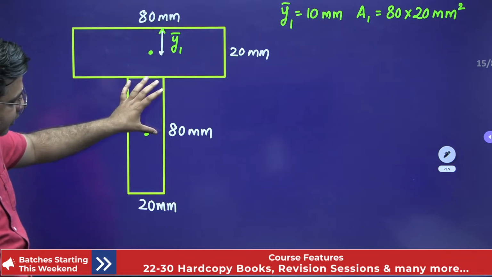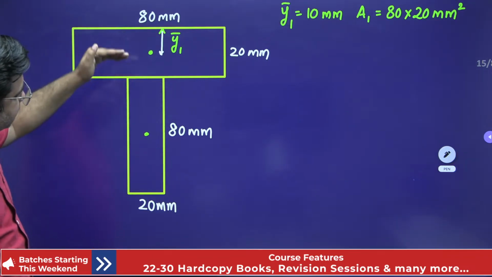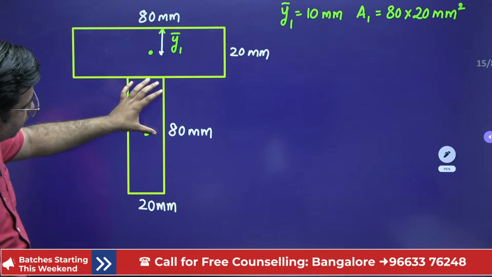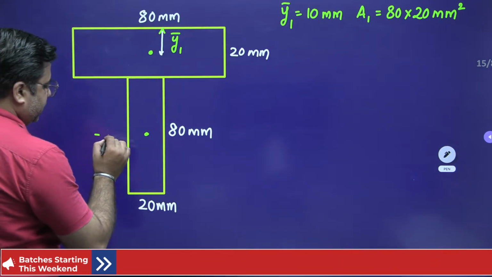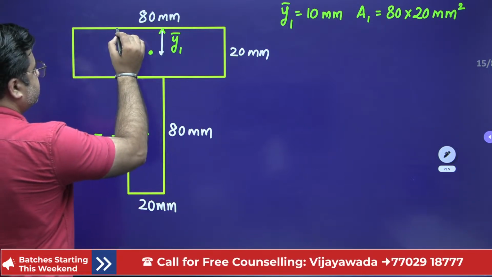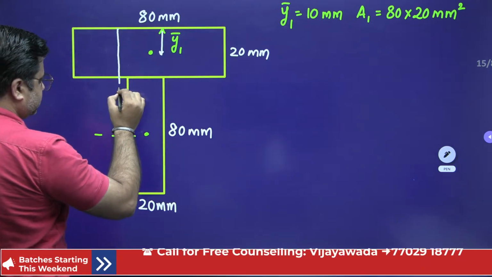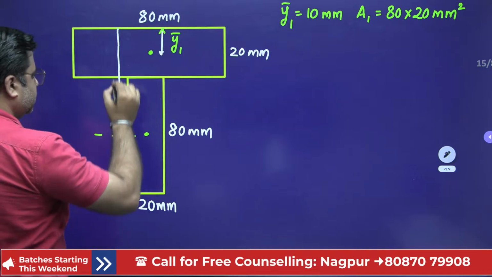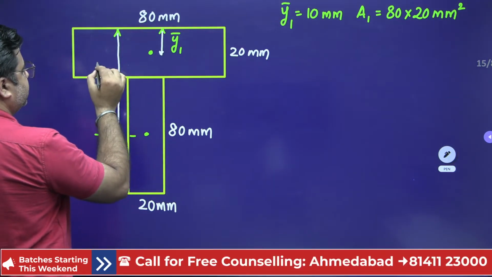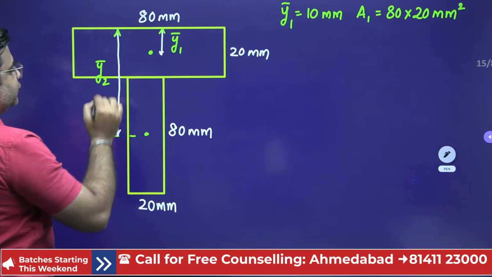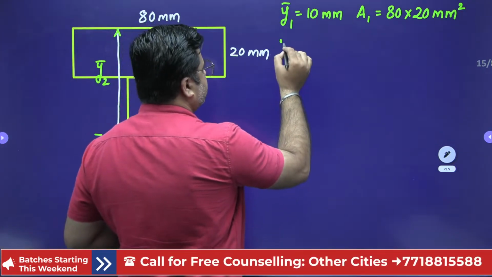So the position of this CG from the top fiber will be 40 plus 20, that is 60 mm. This is Y2 bar and this Y2 bar is 60 mm.